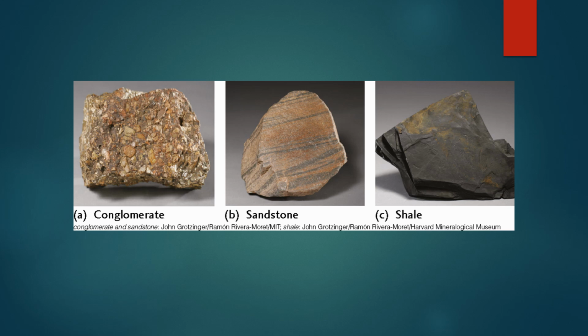Among these types of siliciclastic sedimentary rocks, conglomerate contains the most pore space, and the mudstones and shale contain the least. Ideally, the large pore space conglomerate would be the best rock to extract fossil fuel from, and the mudstone and shale would be the hardest to do so.